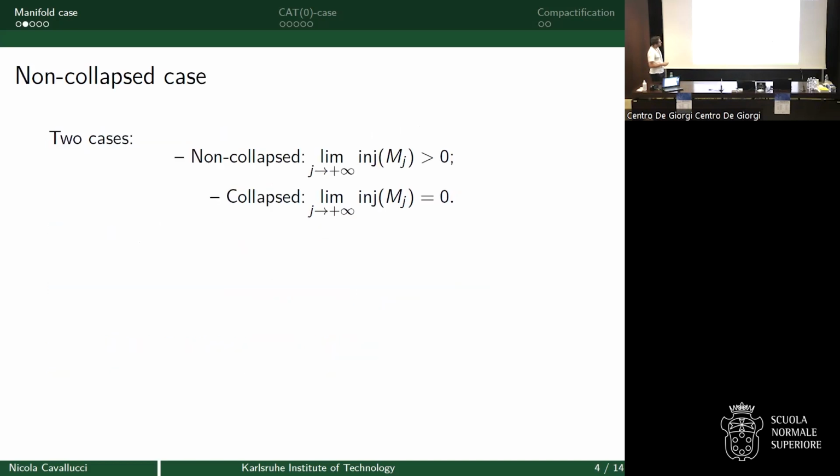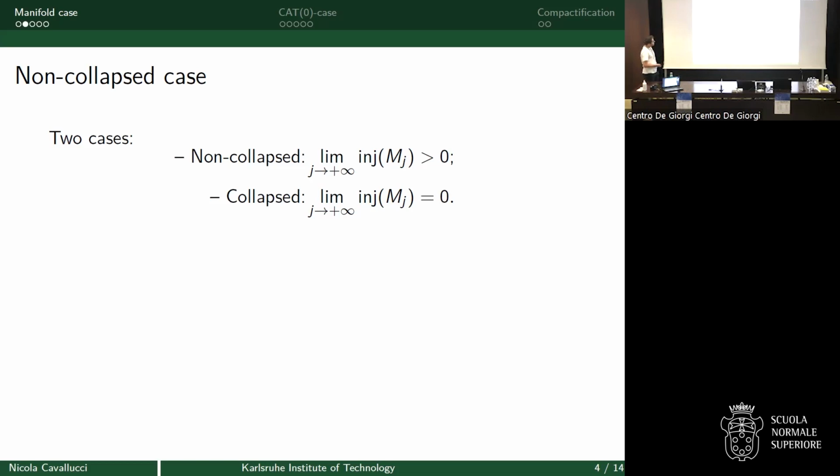Now, this is a theorem, but we can take it as an assumption. There are just two cases we have to take into account, the non-collapsed and the collapsed cases. They differ by the behavior of the injectivity radius of the quotient. So either it goes to 0 or not.